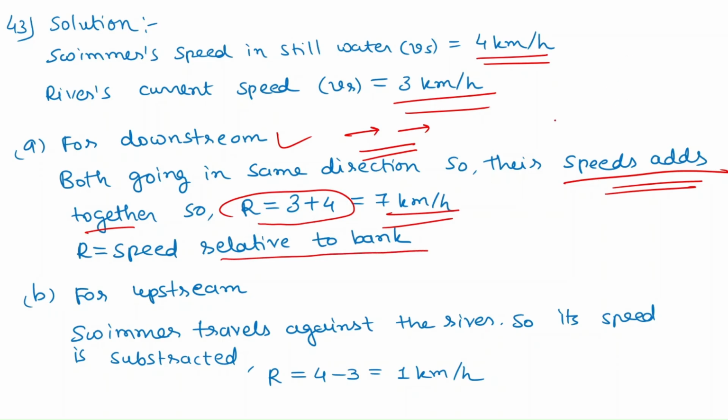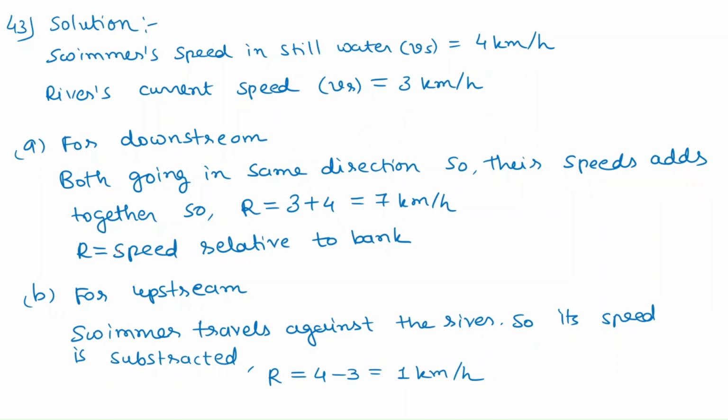Okay, now in B, upstream means the river is coming from this side and the swimmer is against it. Now, if they are both in opposite direction, the angle between them is 180 degree. 180 degree means F1 square plus F2 square minus 2 F1 F2, means minimum speed, minimum.